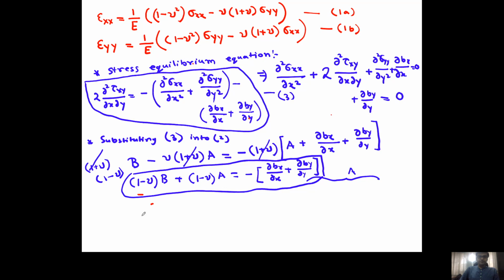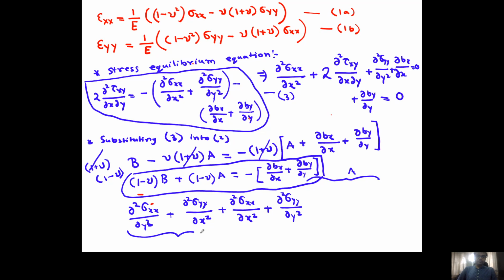So what is B? B is del 2 sigma x del y2 plus del 2 sigma yy del x2 plus del 2 sigma xx del x2, this is A, remember, plus del 2 sigma yy del y2.